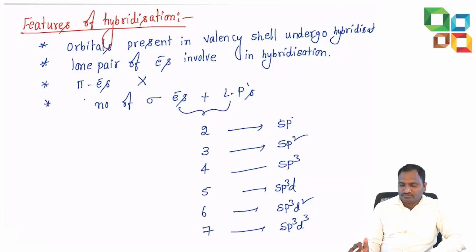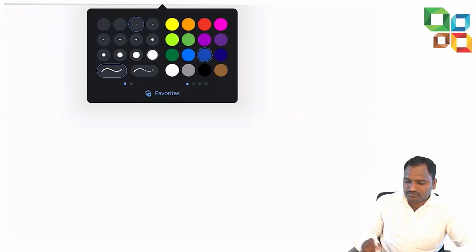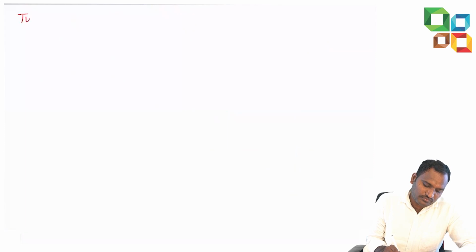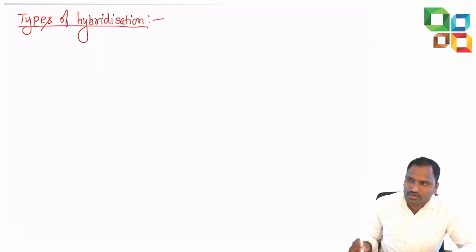Next one, types of hybridization. Just now I told you about sp, sp2 hybridization.